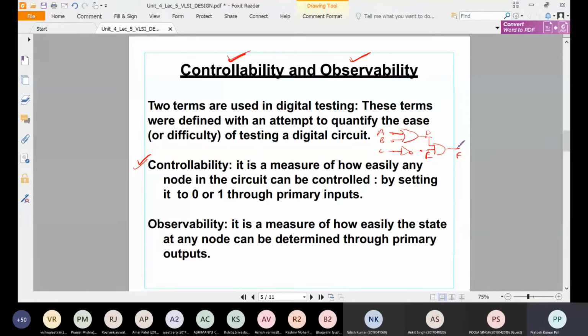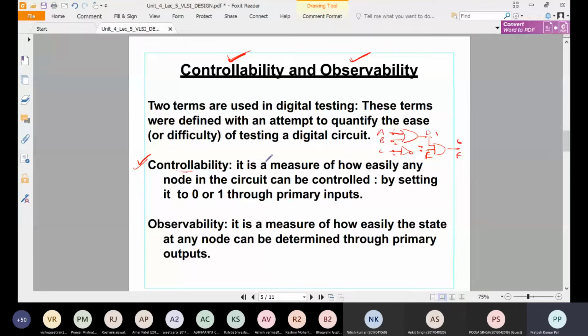So if a designer is able to control the value at a particular node, then that node will be considered controllable, or we can say this complete circuit will be considered to be controllable.